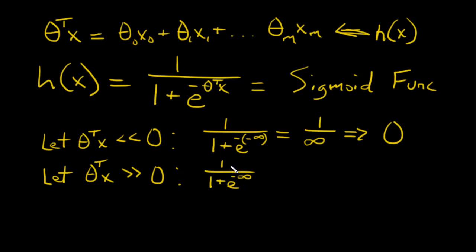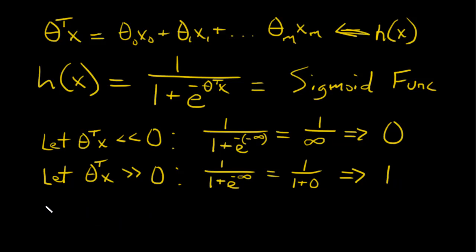So in this case, I'm going to have 1 over 1 plus this value right here, which is going to 0, which is going to wind up outputting a 1. So very negative numbers will output a 0 with the sigmoid, and very positive numbers will output a 1.